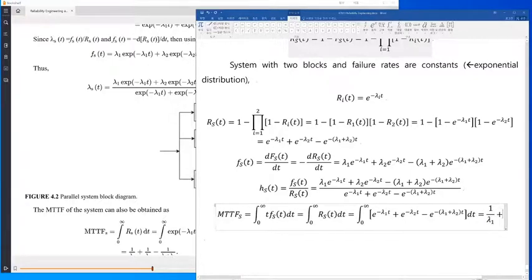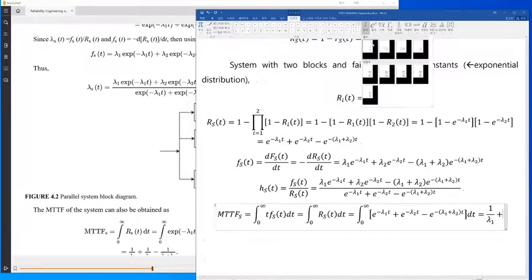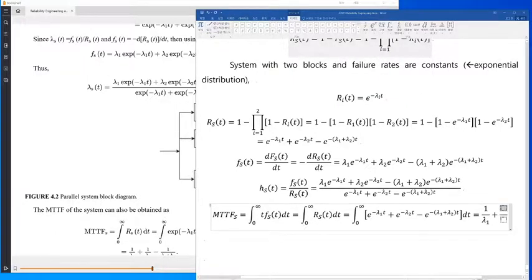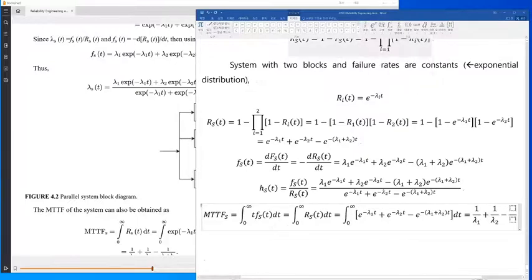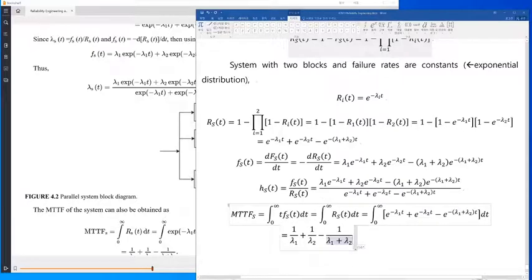The second term is 1 over lambda 2, minus 1 over lambda 1 plus lambda 2. So that's equation 4.11.